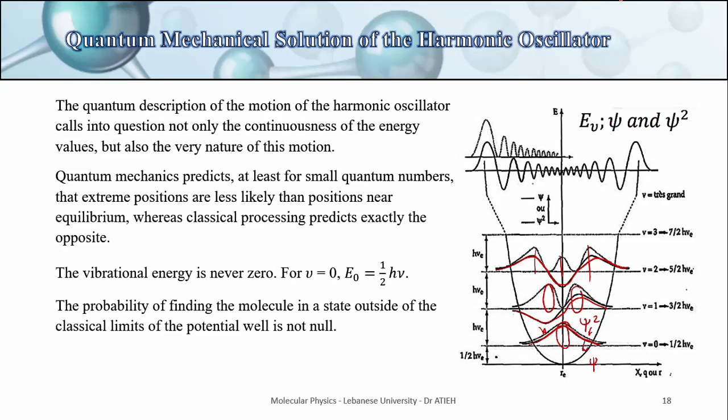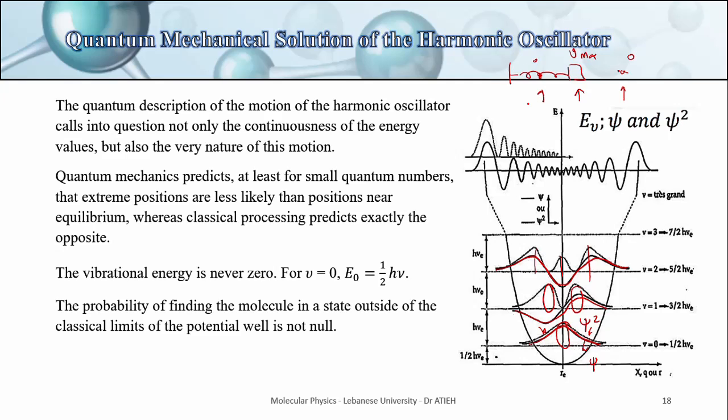We know from classical mechanics that when a particle is oscillating, at the center V is maximum, so it has all its energy in the form of kinetic energy. At the extremities, V tends to be 0. So in reality, the particle is very fast in the middle and very slow at the extremities.